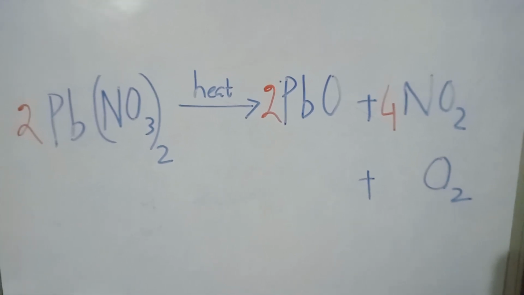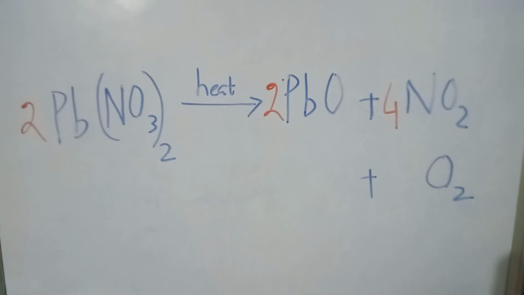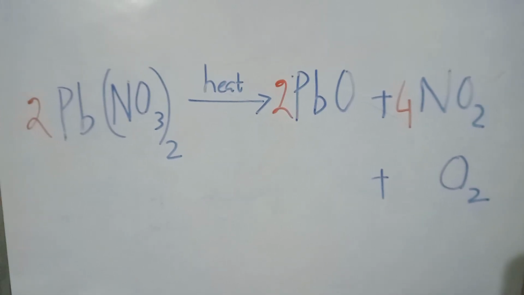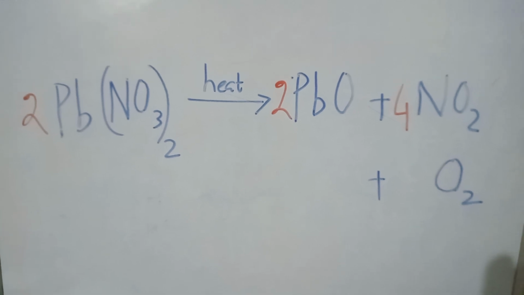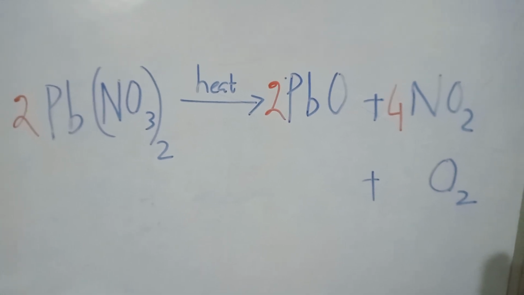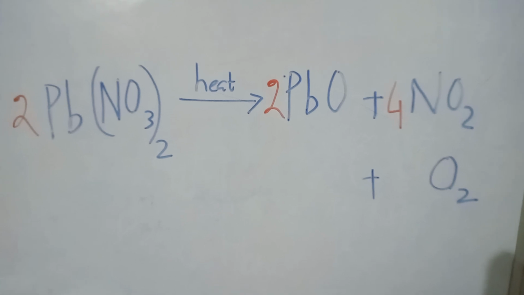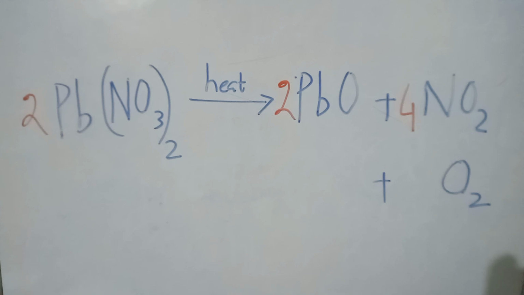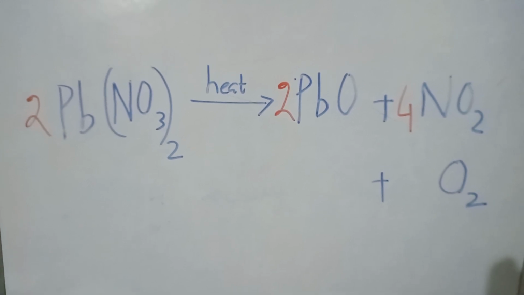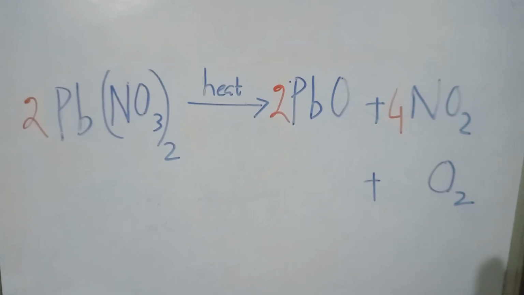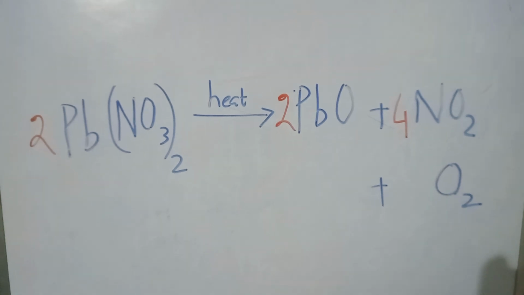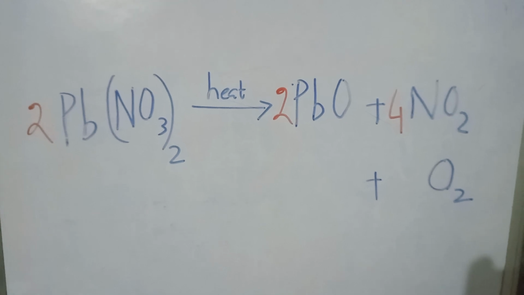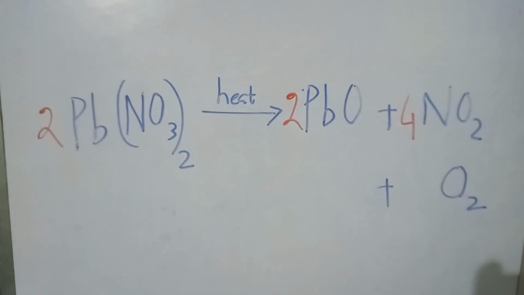2 Pb on the left side, 2 lead Pb on the right side. 4 nitrogens on the left side, 4 nitrogens on the right side. If we calculate oxygen atoms, we will find 12 atoms on the left side, in the reactant side, and in the product side also 2 plus 8 plus 2 is equal to 12 atoms.